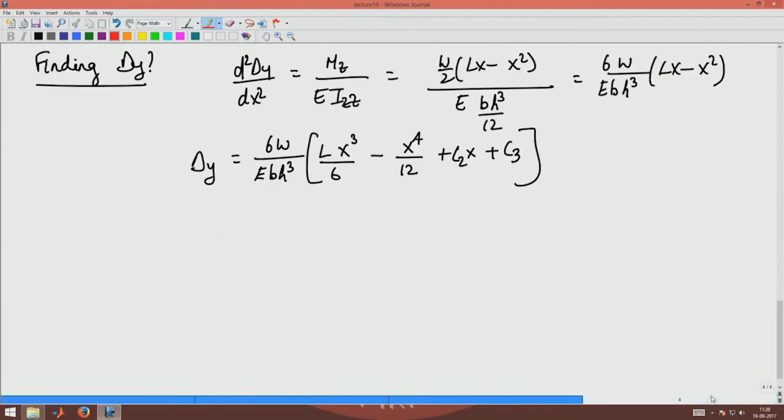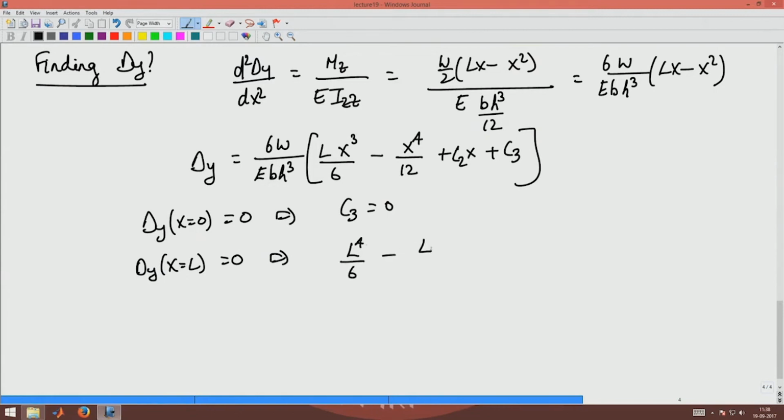Using that, delta y at x equal to 0 is 0 implies C3 equal to 0, and similarly delta y at x equal to L equal to 0 would imply L power 4 by 6 minus L power 4 by 12 plus C2 L has to be equal to 0, from where I get C2 to be minus L cube by 12.